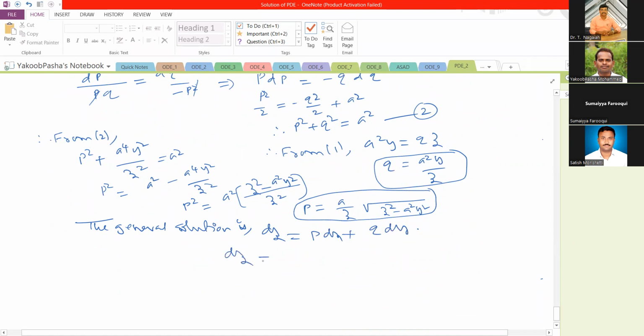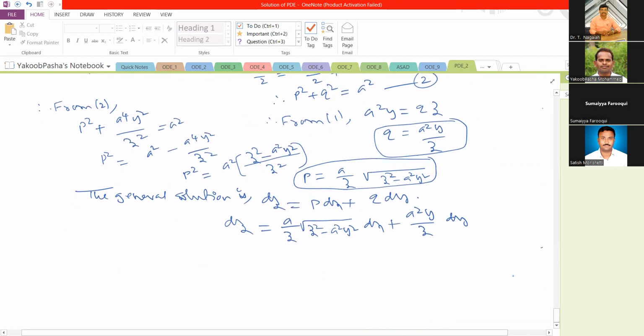Now dz is equal to p, that is a by z into under root of z square minus a square y square into dx plus q, a square y by z into dy.